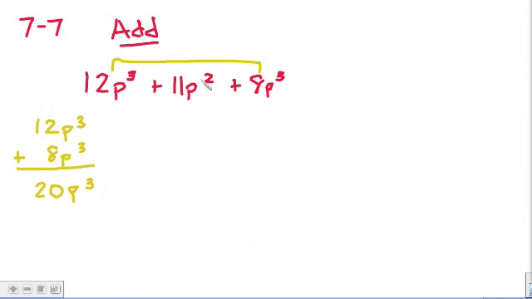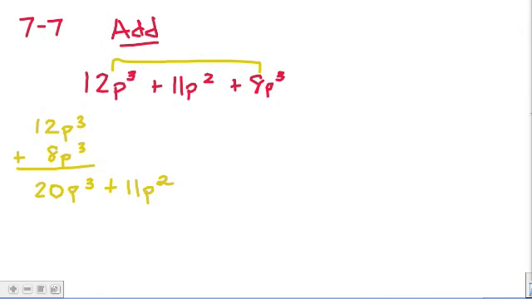No, because this exponent is not the same. So that just means we drop him down and we're done. You always want to make sure that your exponents are going in descending order. You don't want to put the square before the cube, or say to the 10th power before the 20th power. You always want to go in descending order.